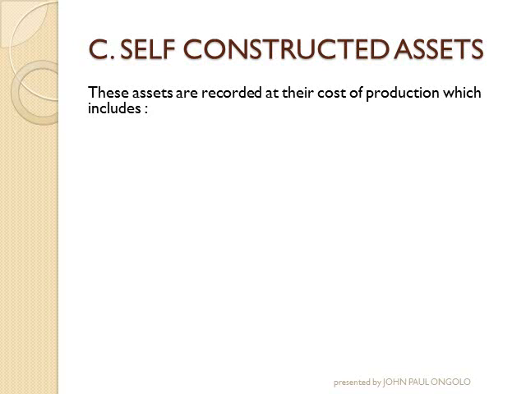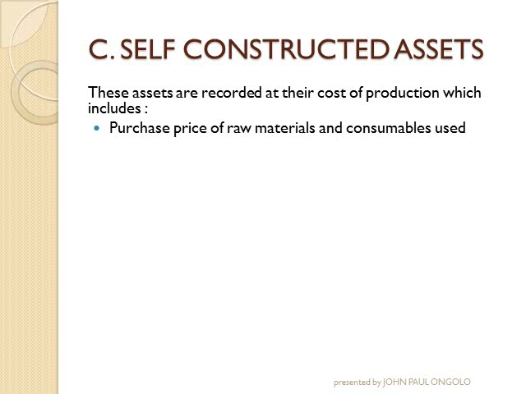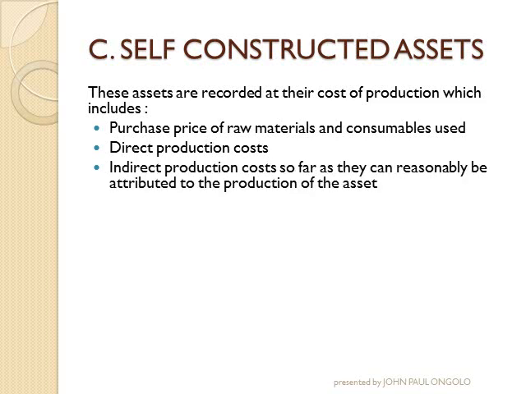The cost of production includes the raw materials and consumables used at their purchase price, direct production costs like maybe the direct labor used, maybe the direct overheads used in the production of the fixed assets. Also, indirect production costs could be included into the cost of the assets so far as they can reasonably be attributed to the production of the asset.